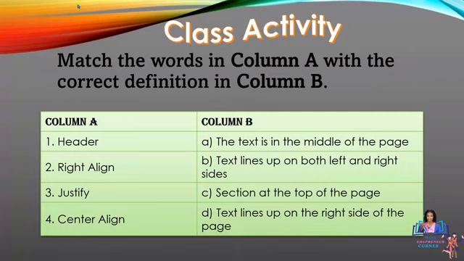In column B we would have A, the text is in the middle of the page. B, text lines up on both left and right sides. C, section at the top of the page. D, text line up on the right side of the page. So let me do the first one, and then I'm gonna allow you guys to complete the other 3.